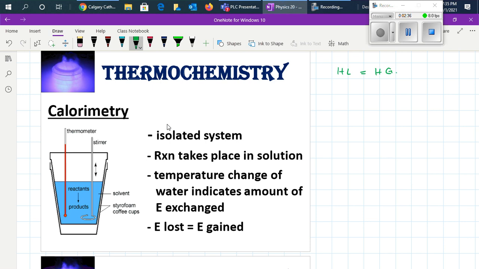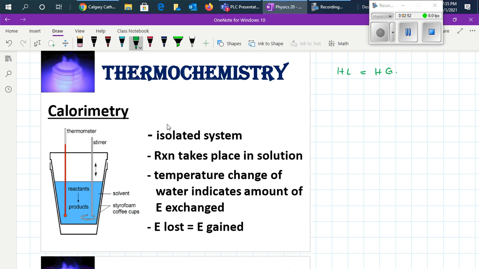Okay, so the calorimeter that we often use in chemistry in high school is two styrofoam cups, a stirrer, and a thermometer in the lid.